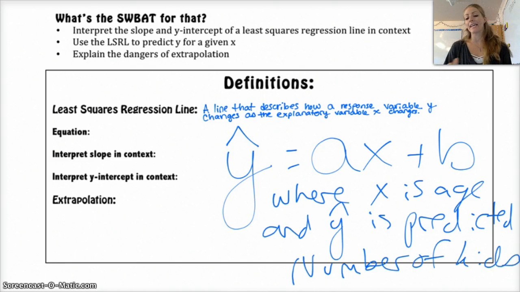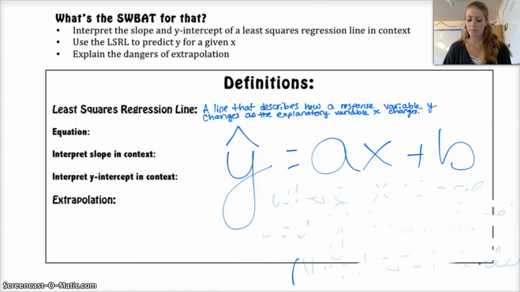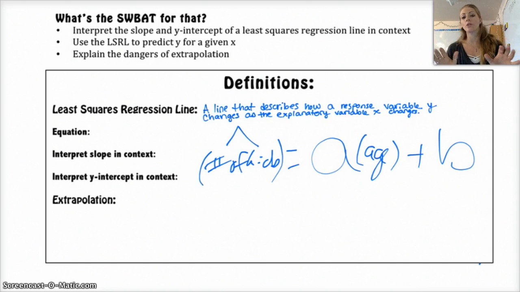Okay, something like that. Or the other option is to literally just write in, instead of y and x, number of kids hat, and then age here. Whatever way you do it, you need to include context in the formula.